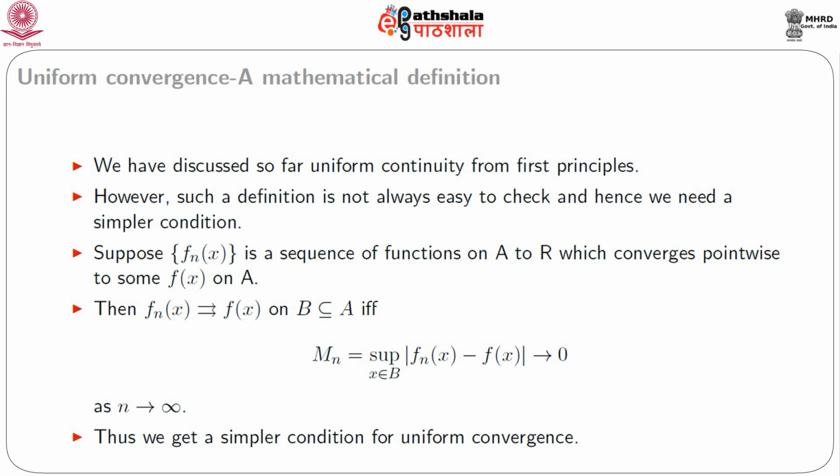Thus, we get a simpler condition for uniform convergence. Actually, we are replacing our finding of the maximum by a sequence in n, and checking whether this goes to 0. If it goes to 0, then we can say uniform convergence over the set B, and if it doesn't go to 0, uniform convergence cannot be decided.